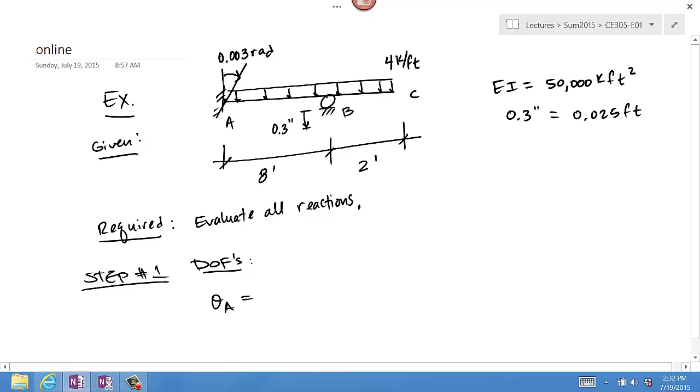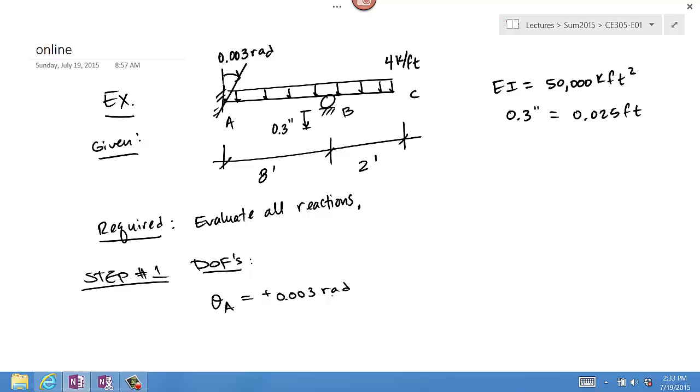But in this case, theta A is given, and it's given as 0.003 radians, and because it is clockwise, we assign a positive value for the rotation at A. Again, our sign convention in the slope deflection method is clockwise is positive. So again, because the rotation is clockwise, we define that as a positive value.